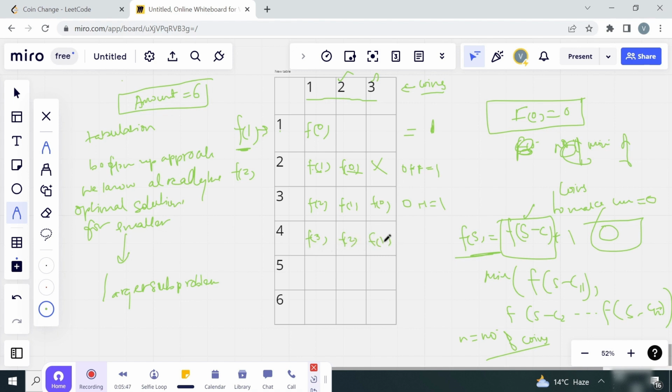So the minimum value is 1, so 1 plus 1 is 2. For f5 it will be f4, 5 minus 2 f3, 5 minus 3 f2. So the minimum value of f2 is 1, so 1 plus 1 equal to 2.